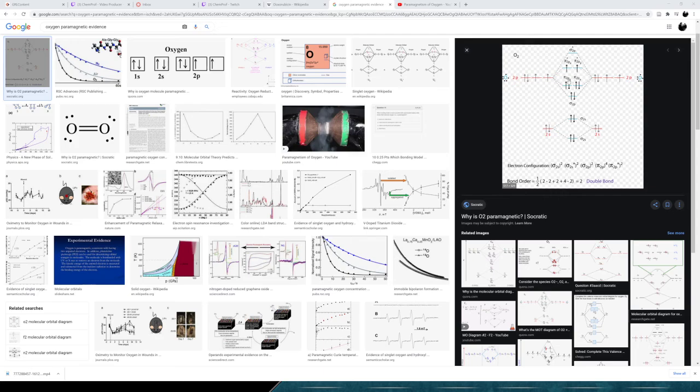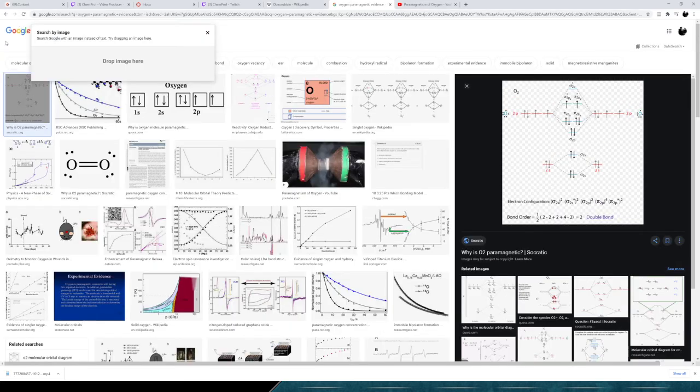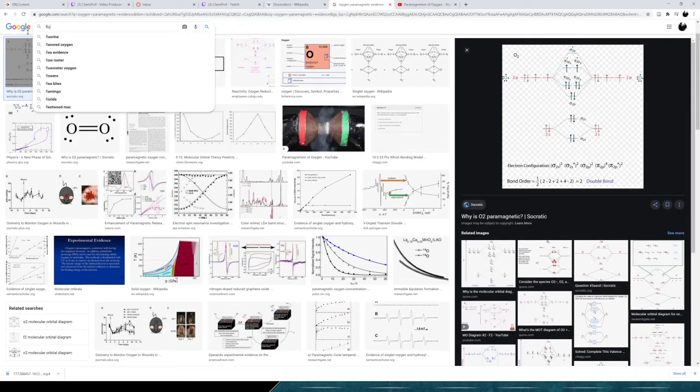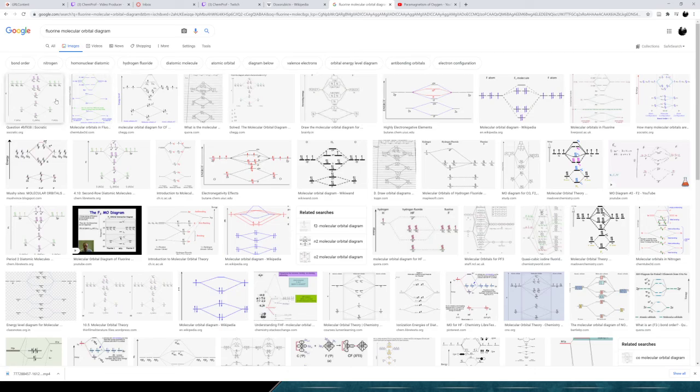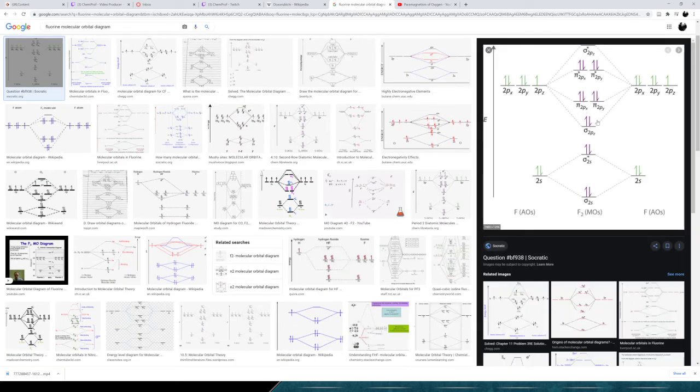Notice how pretty this one is. You can see things very clearly and happily here. So you can always double check your answers here. And so you can see fluorine, it's got exactly the same thing that we've done, just more neat and tidy.